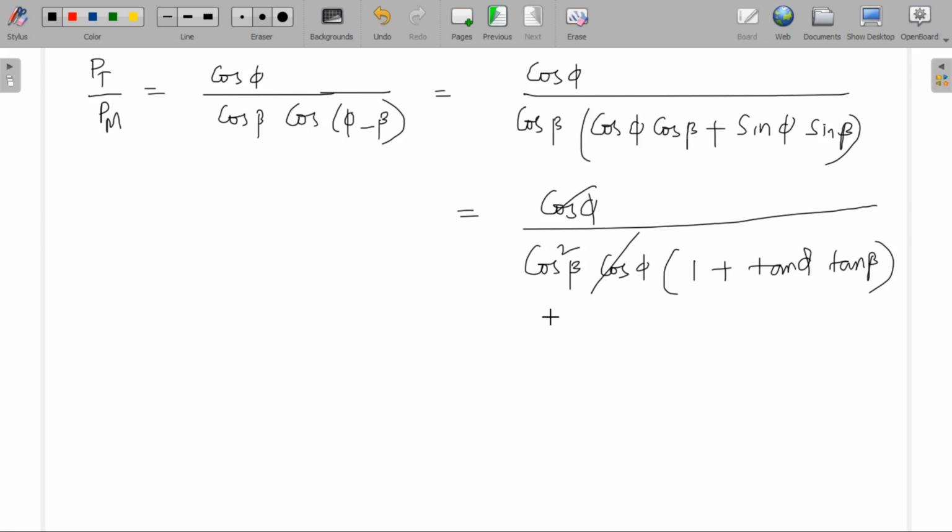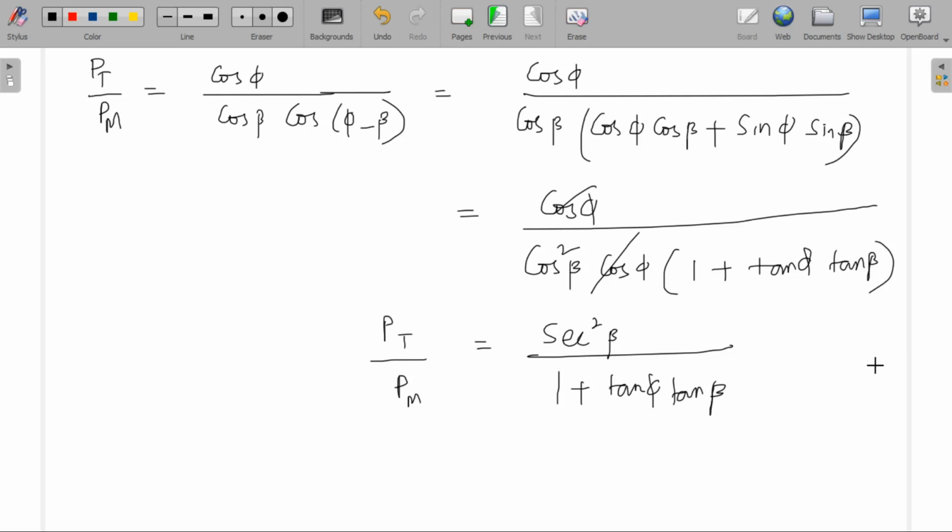These cancel, giving secant square beta by 1 plus tan phi tan beta, which is 1 plus tan square beta by 1 plus tan phi tan beta.